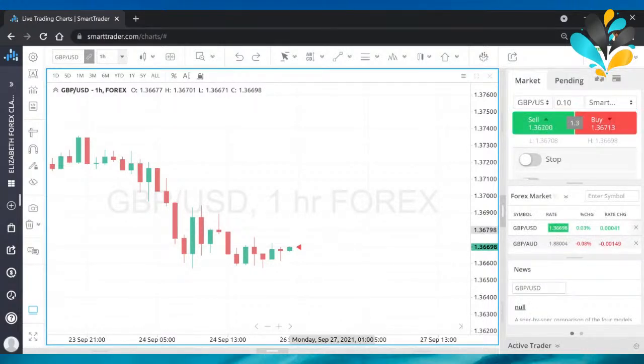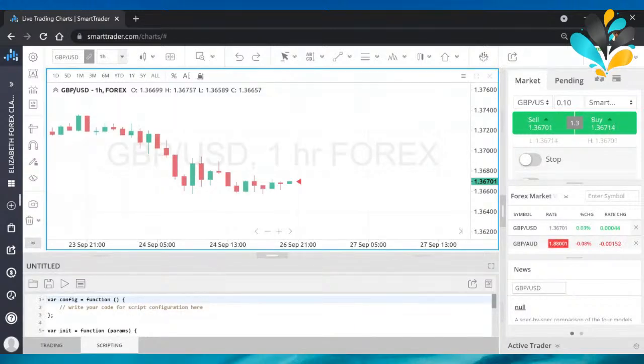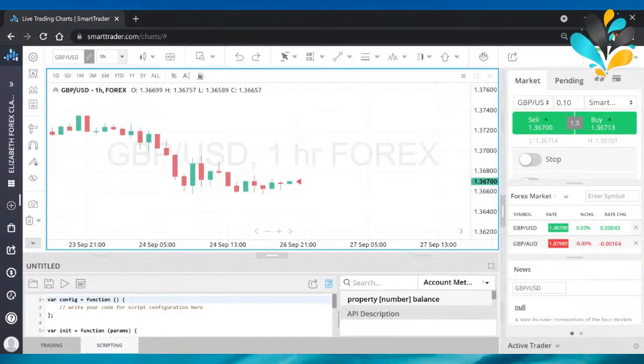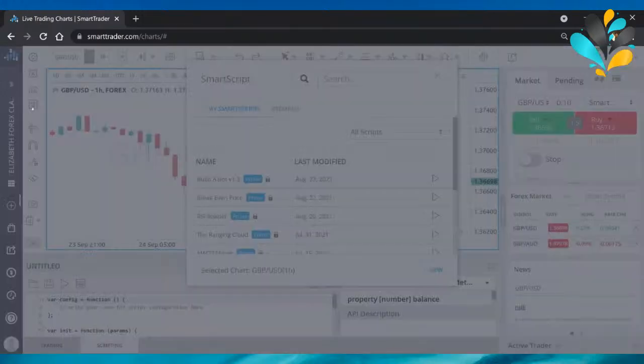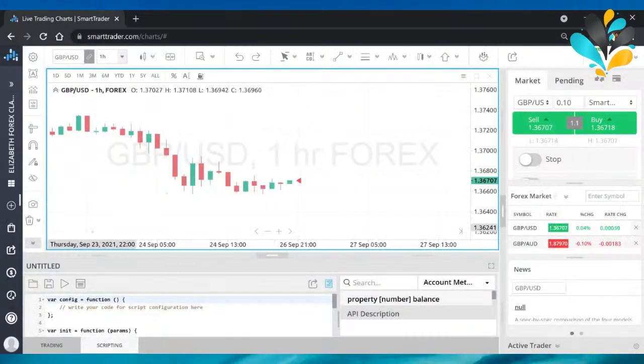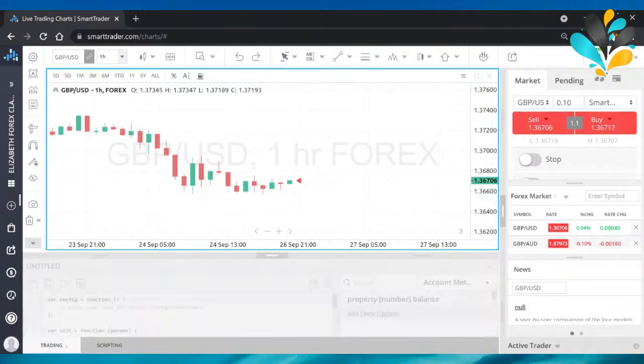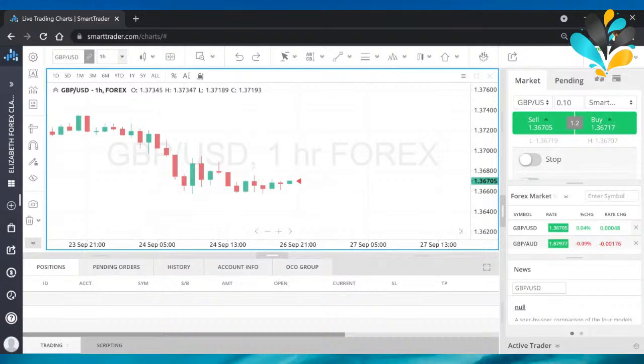All right, so we have one more section, which is the actual trading section. Just give me one moment to close the scripts. So down here, you can choose trading or scripting to the very bottom of your screen on the left.